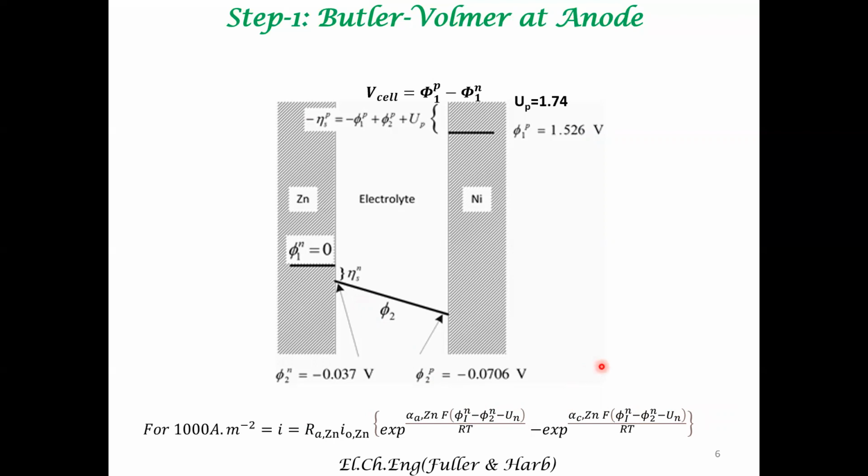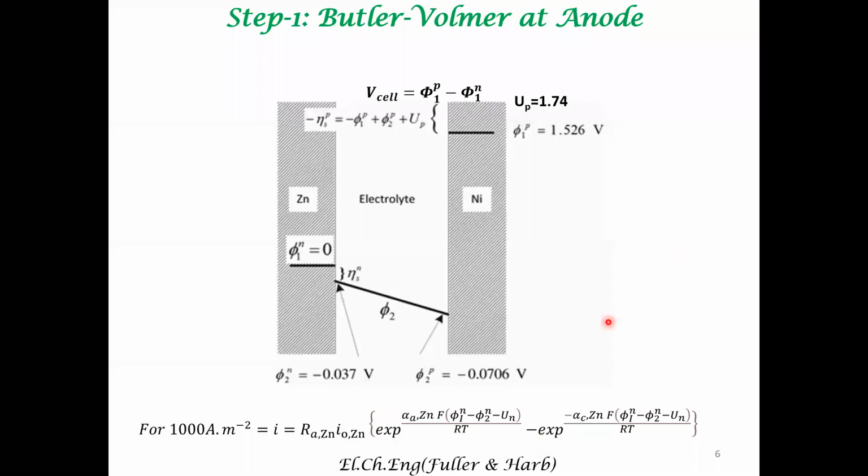Because there is a single unknown of phi_2n, again, emphasize, 2 indicates a potential in the electrolyte. Phi_2n indicates the potential in the electrolyte at the negative electrode.